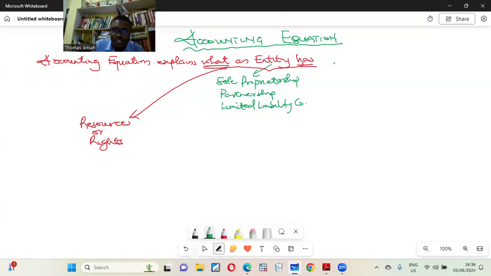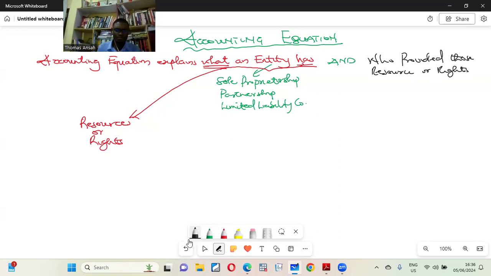And not only that, it tells us what the entity has and who provided them. Who provided those resources or rights?